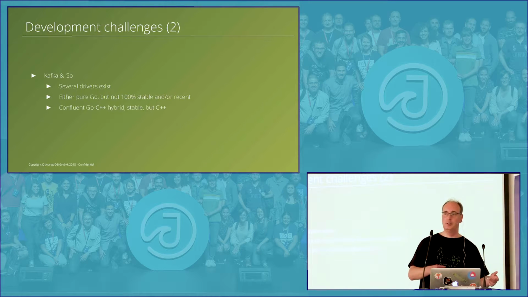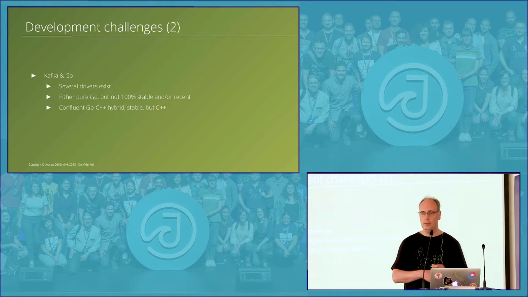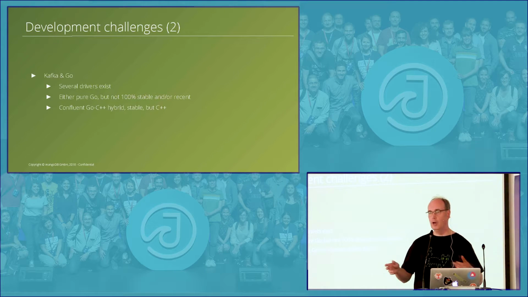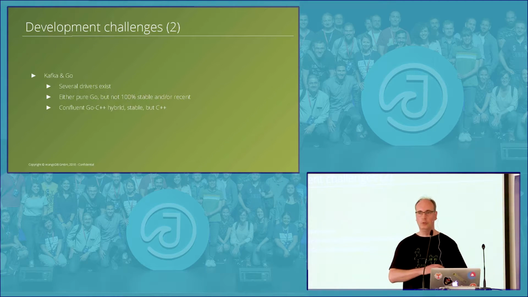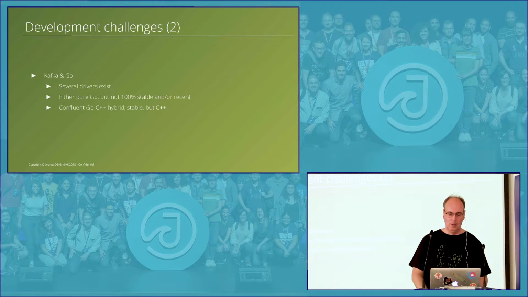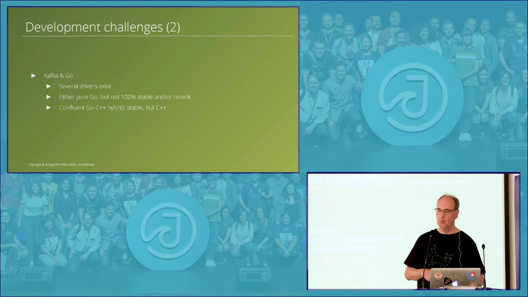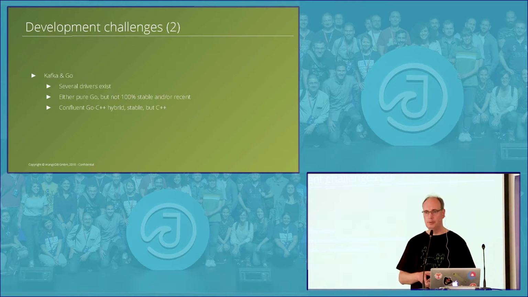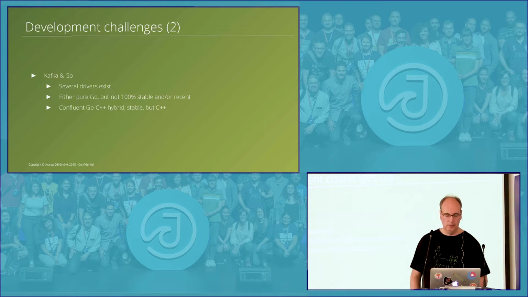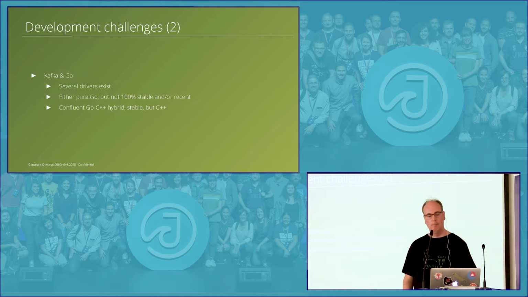Initially, we said we want this binary to be an all Go binary, so every driver out there that is not all Go was moved off the table right away. But we ended up with a small selection of drivers, and either they were not broad enough API-wise, so they didn't support everything that we need, or they were not stable enough. And that was a very big problem.